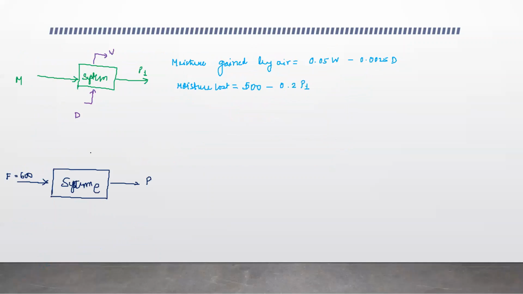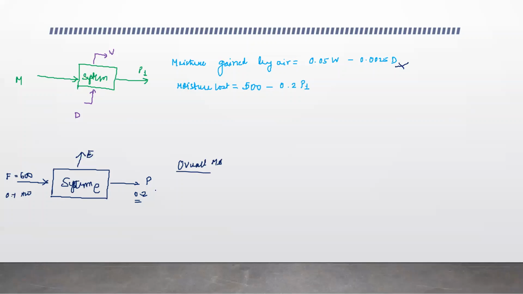So that moisture, instead of taking it as 0.05 W minus 0.0025 D, let's give a different variable E to it, right? The way we did a problem in drying, if you people would have seen that problem. So instead of taking dry air, wet air and all that, we simply took E. E is the moisture. So now this is a simple material balance problem. We have the composition here, 70% water. Over here, you have all water, and over here it is 0.2. Water is 0.2.